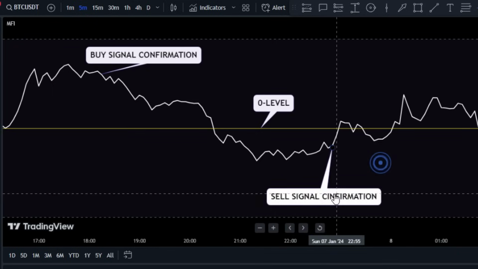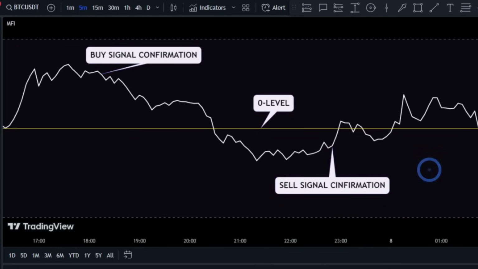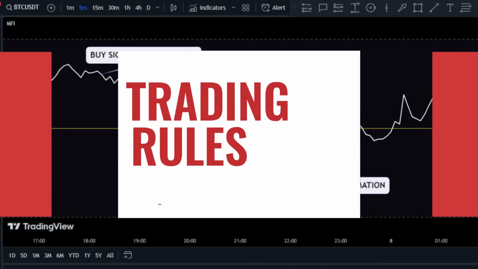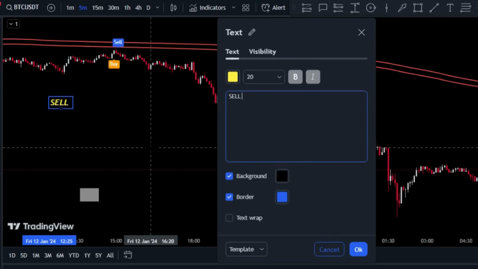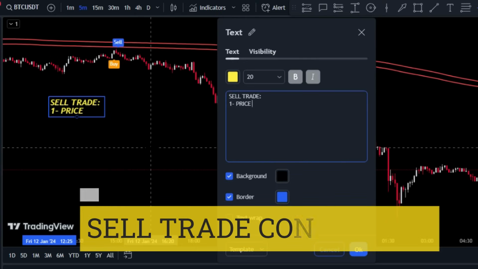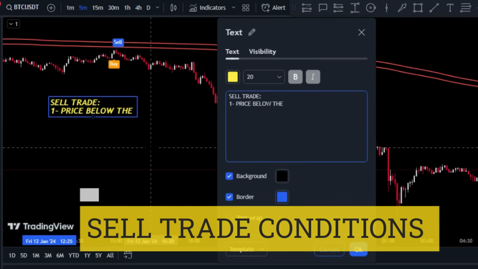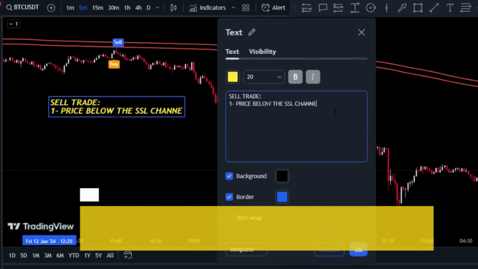Now we have a solid understanding of the indicators and how to optimize their settings, so we can delve into the details of the trading method that this strategy offers. Focusing on sell trades for now, let's walk through the key steps. First and foremost, we want to ensure that the price candles are positioned below the SSL channel.